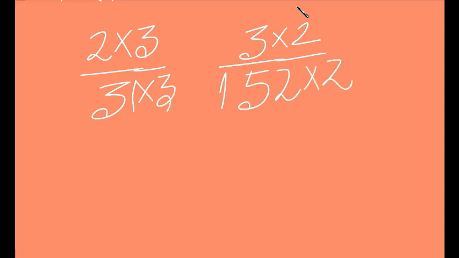However, this numerator multiplication is quite simple, that is equal to 6 in both cases, right? And I shall write that is, i.e., the numerator is 6 in both cases.